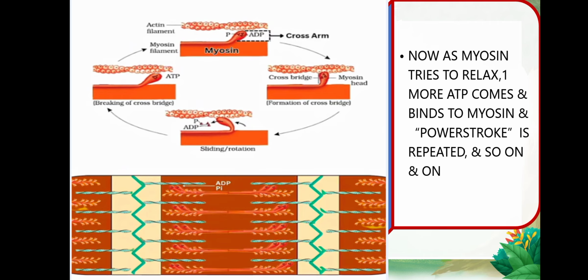Again, as the myosin tries to relax, more ATP comes and binds to myosin, and the power stroke is repeated again and again. When one ATP is utilized, the myosin strokes, which is known as the power stroke, and then another ATP comes along and another power stroke is generated.